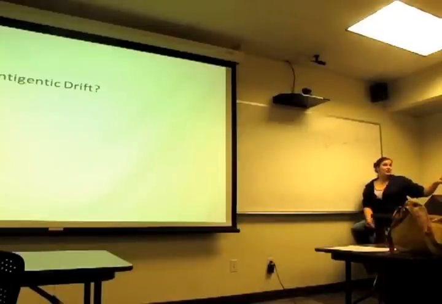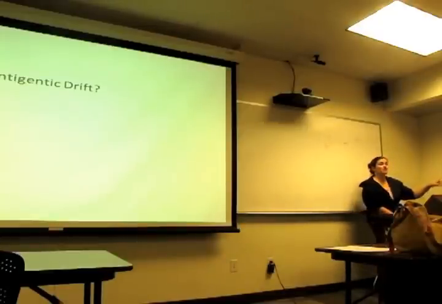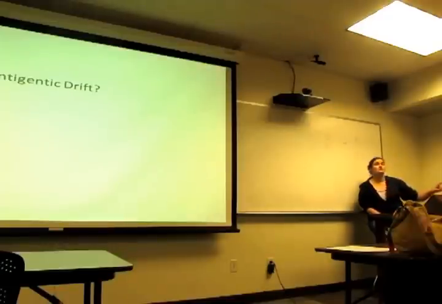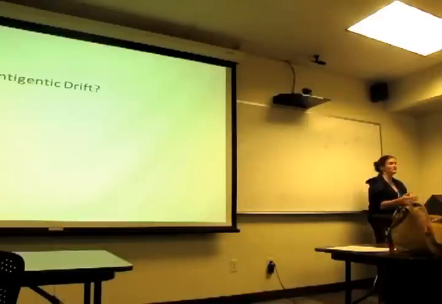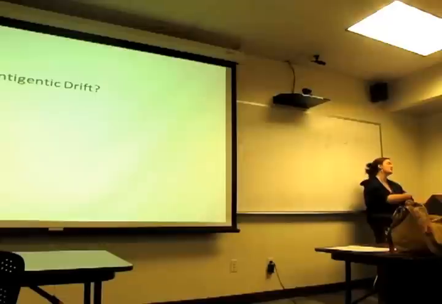There's an antigenic drift and there's an antigenic shift. What is the difference? A drift is from year to year. You're just drifting, okay? It's just coming and going, not a real big plan.